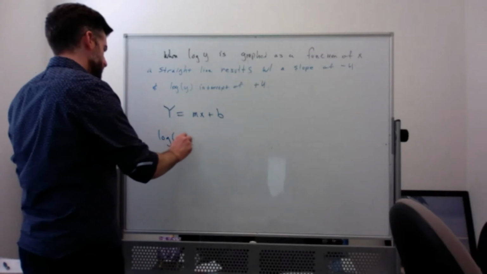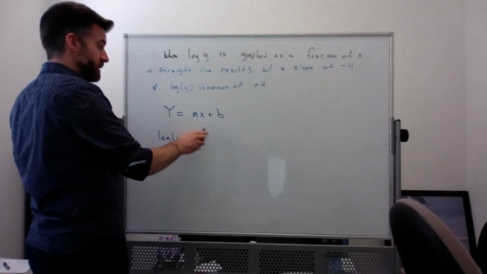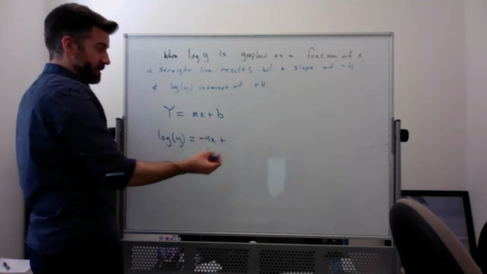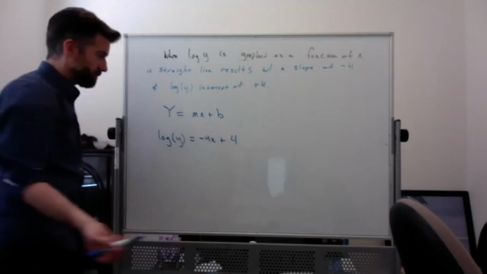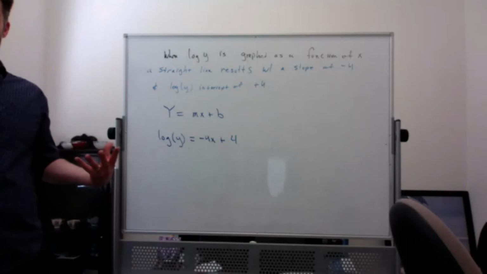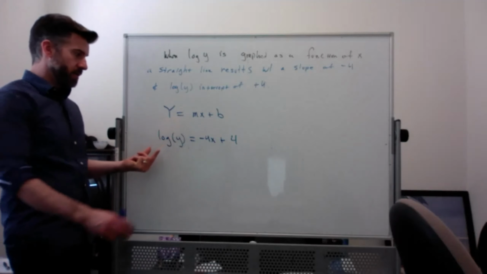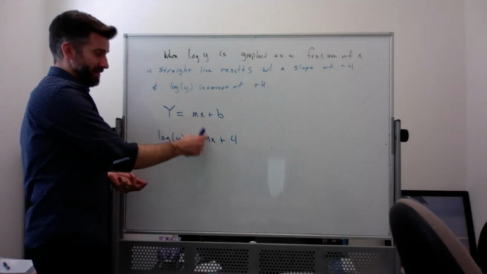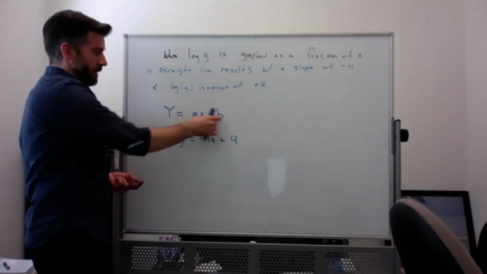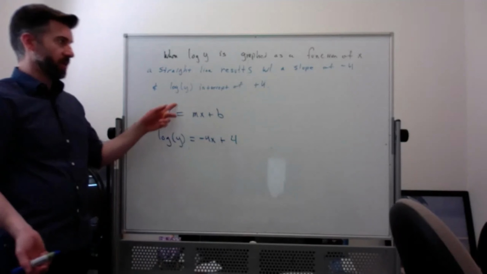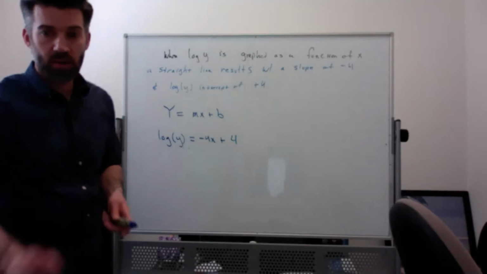Log of y equals, so my slope was -4, and my log of y-intercept is +4. And this does make sense, right? If x is 0, then capital Y will be 4, or log of y will be 4, which is what we're saying. We have a log of y-intercept of +4.